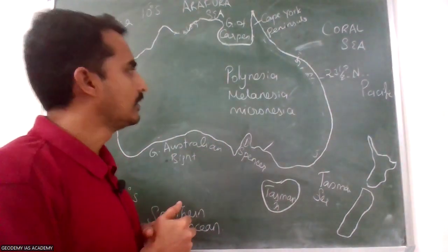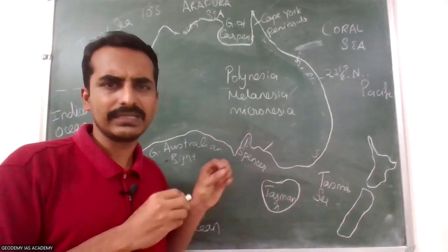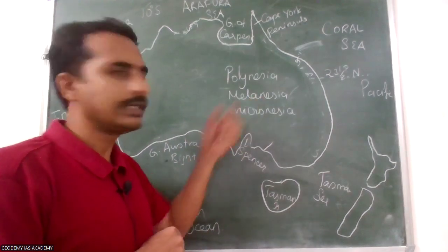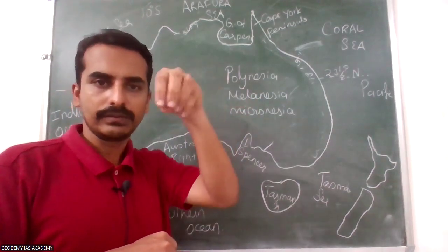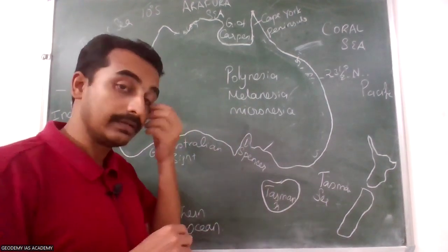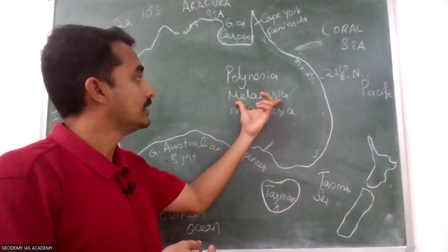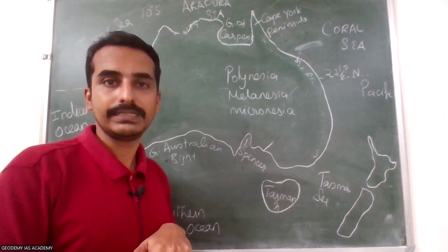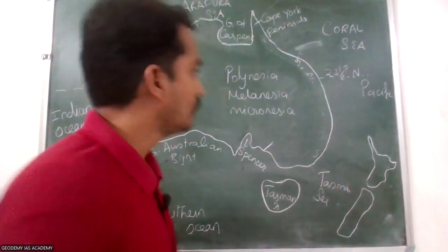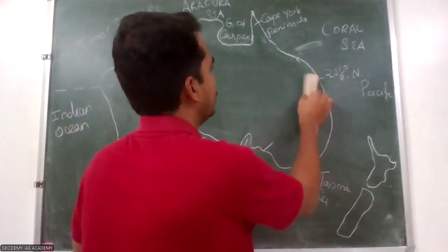Micronesia contains thousands of small islands, so it is named Micronesia. Melanesia is the Southeast Asian countries and Australian original people. Their skin complexion is black in color. That's why these islands are named Melanesian islands. Okay, done. I will explain it separately.